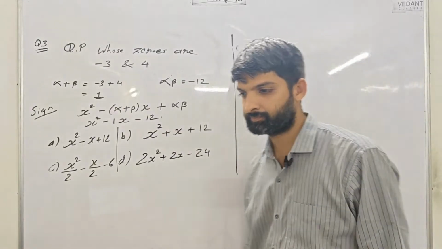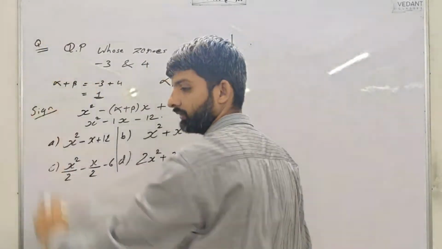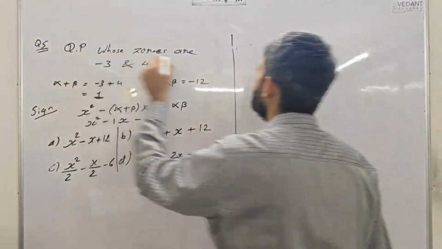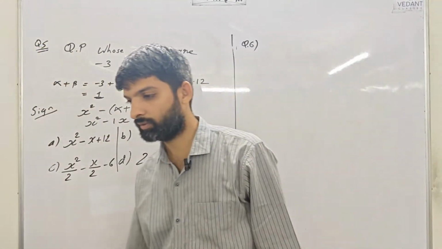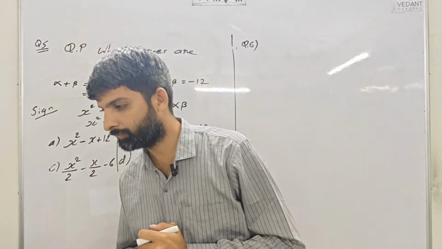Done? I hope it is clear. Sorry, this is our question number 5. Now let's see question 6. I hope you are having the score with you. At the end of the session, I will ask you.